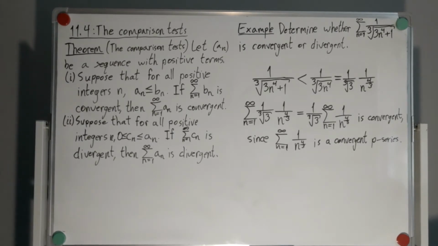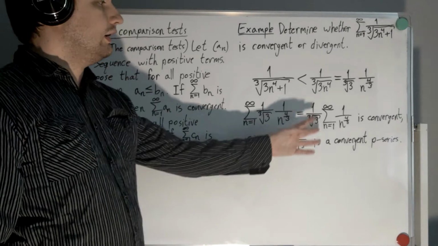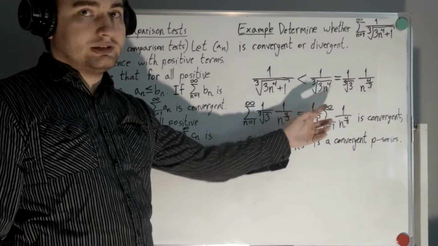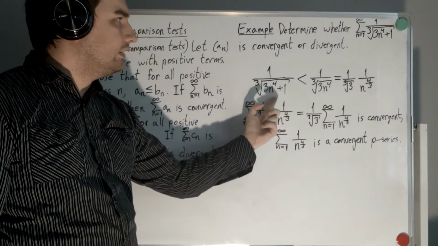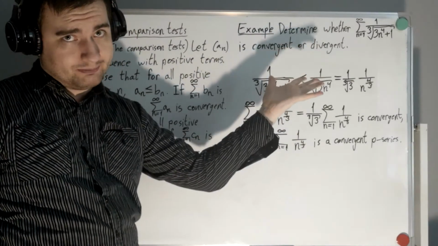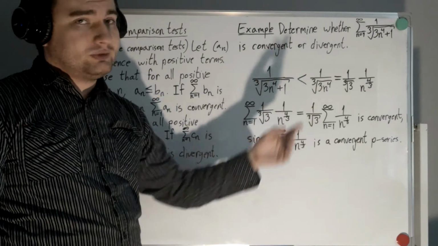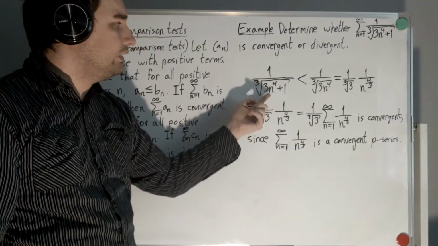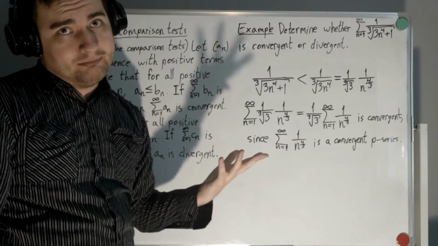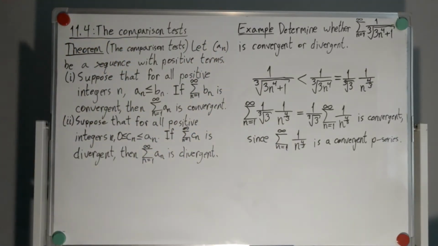All right, so then once again, you've got a series with terms that are larger than the terms of the original series, and the series of the larger terms converges. Then that means the series with the smaller terms has to converge as well by part 1 of the comparison theorem.